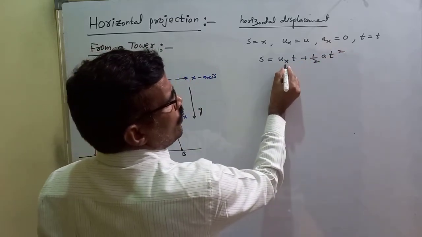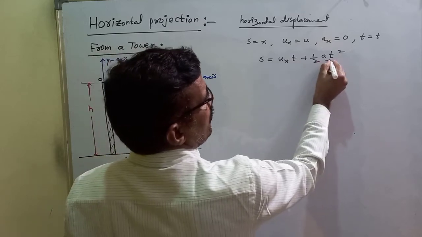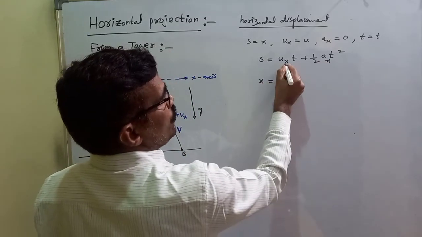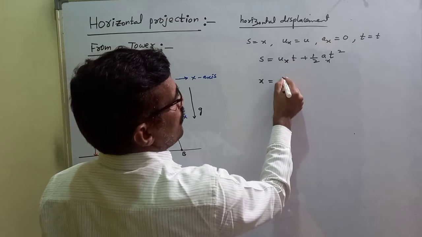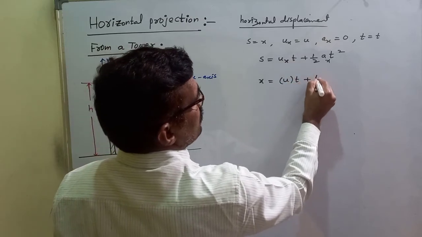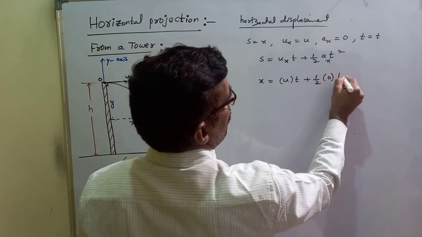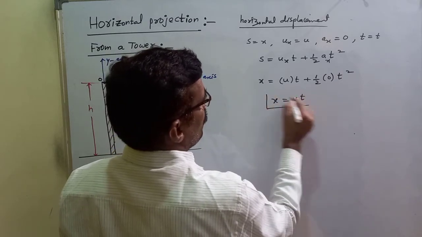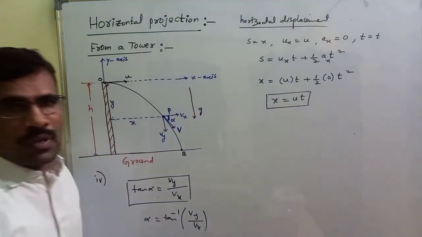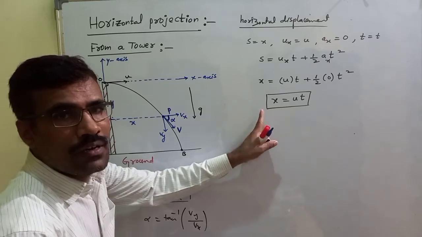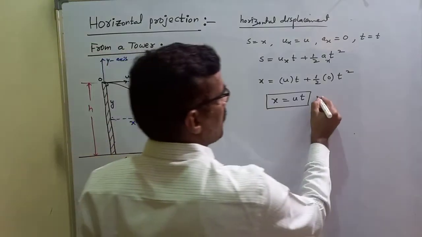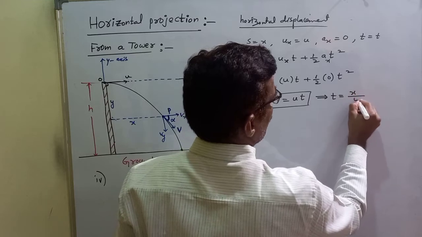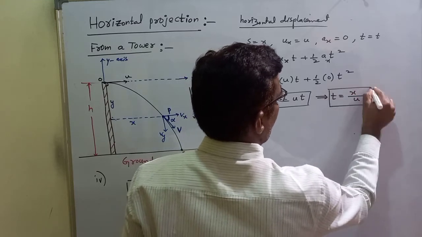S is x, u means ux, a means ax. So x is u into t plus ax, which is 0, into t square. Here x is equal to u into t. After t seconds, this is the horizontal displacement. And the time is x by u, okay, no problem.